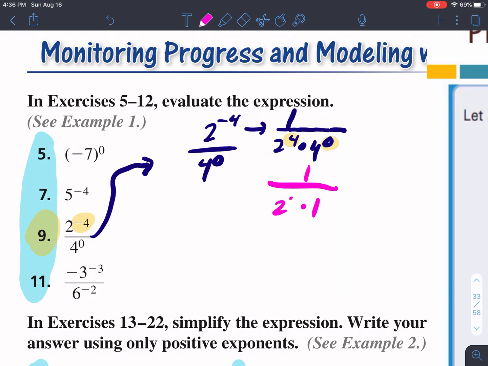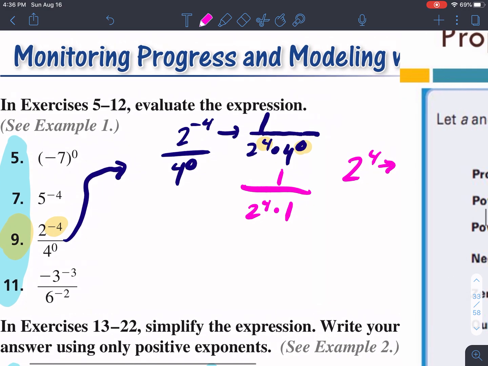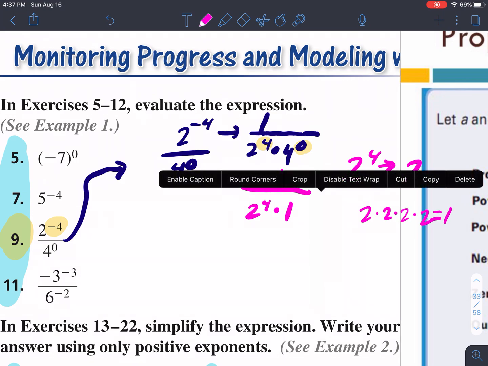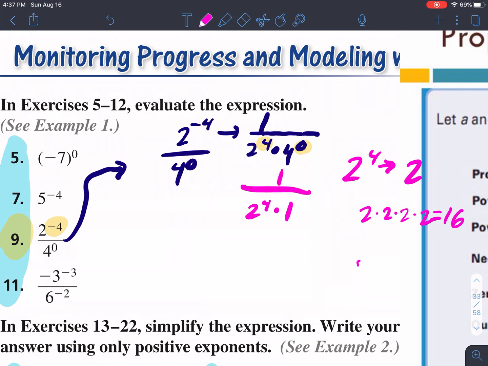Now, 2 to the 4th: you can do 2 times 2 times 2 times 2, or if you know how to use your calculator, you could do 2 to the 4th power. That gets you 16. So this is 1 over 16 times 1, which gets you 1 over 16.